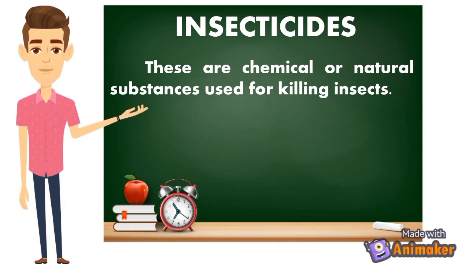So kailangan natin silang puksain para at least hindi ma-damage yung ating mga halaman. So insecticides can be made out of chemical or natural substances. So pwede rin tayong gumawa ng homemade insecticides para naman hindi talaga totally maka-apekto sa atin, sa health natin, kasi hindi tayo gumagamit or gumagamit tayo ng organikong insecticides.